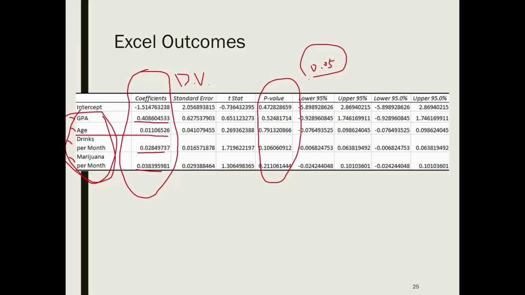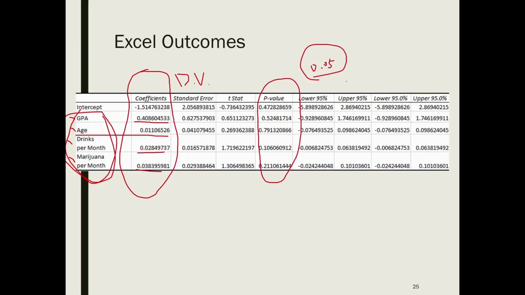If it's less than 0.05, then it is a significant predictor. We reject the null hypothesis and accept the alternative hypothesis. If it's larger than 0.05, then we fail to reject the null hypothesis. We have to accept that this variable is not a significant predictor in predicting the dependent variable.